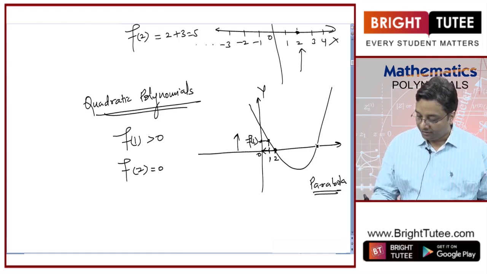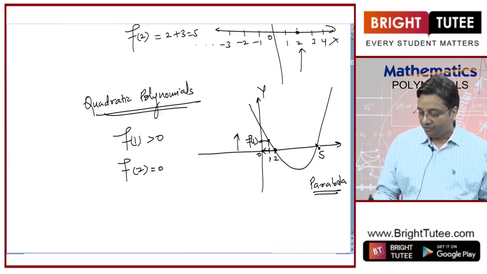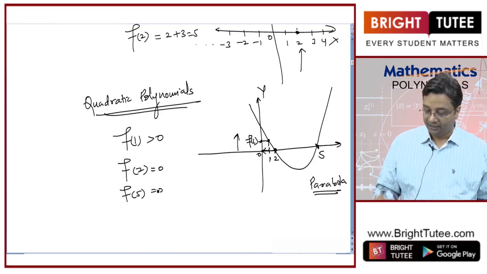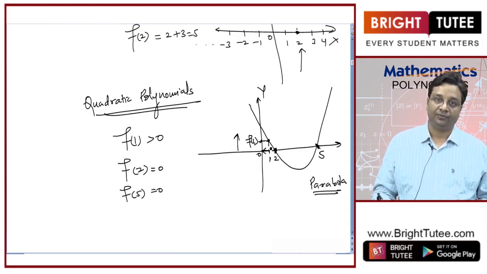There is another point where it will give me 0 value. Let us say this is x equal to 5, okay? At x equal to 5, it will again give me f of 5 equal to 0, right? So the value of this polynomial at this point is 0, at this point it is again 0.